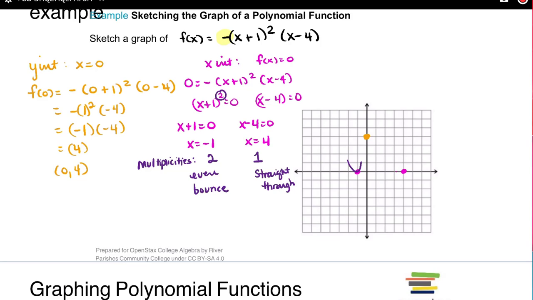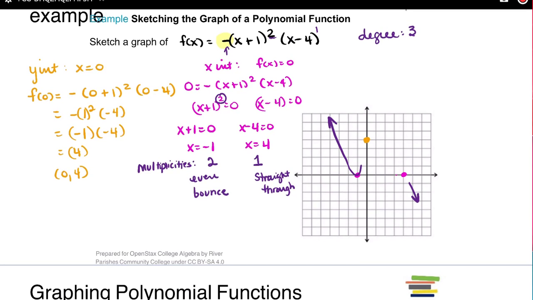And then we already said that the degree is, we didn't actually say, 2 plus 1 would be 3. Degree is 3. So that means that the negative here tells us that the end behavior is pointing down on the right. And because it's degree 3, the left behavior is going to go in the opposite direction. So it's going to be pointing up like this.